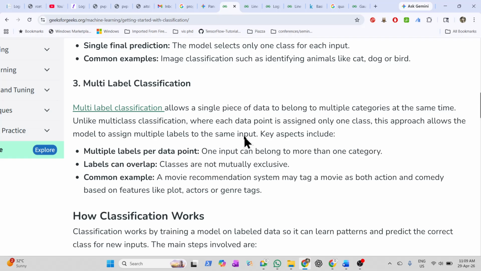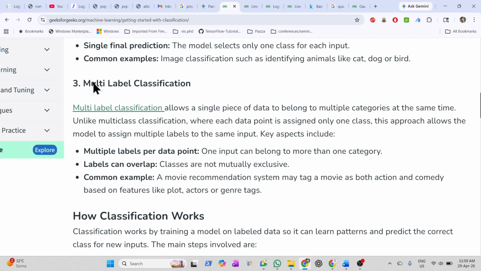Okay, so as per this article, there is a difference between multi-class classification and multi-label classification, and it states that in multi-class each data point belongs to exactly one class, whereas in multi-label classification a data point can belong to one or more classes.